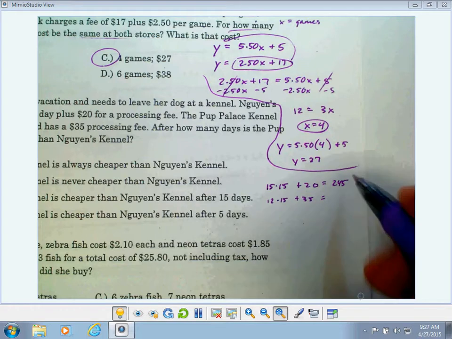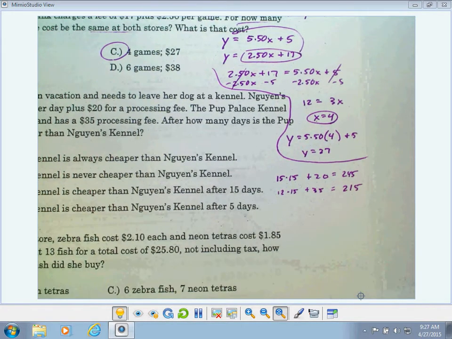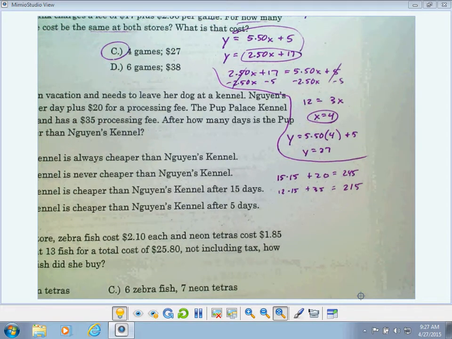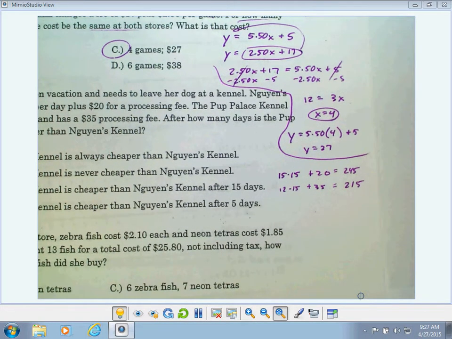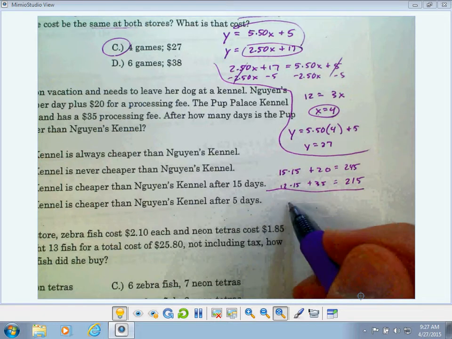And the second will be 215. So at least that is true, right? C is true. So let's see if D is also true, because it would be a better answer then, because it would be cheaper after 5. But I'm thinking we're going to find out that that's not true. This is for C. Let's look at D.